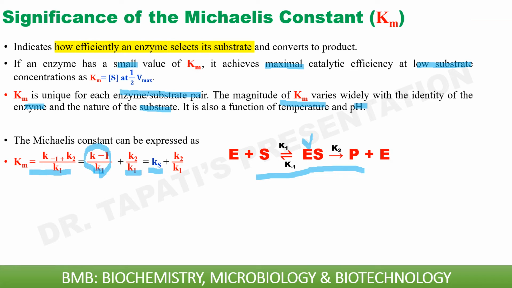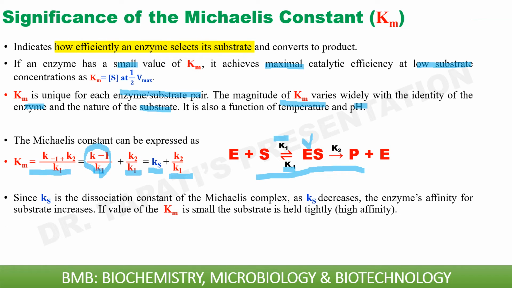Ks is K minus 1 divided by K1. So we found Km is equal to Ks plus K2 by K1.